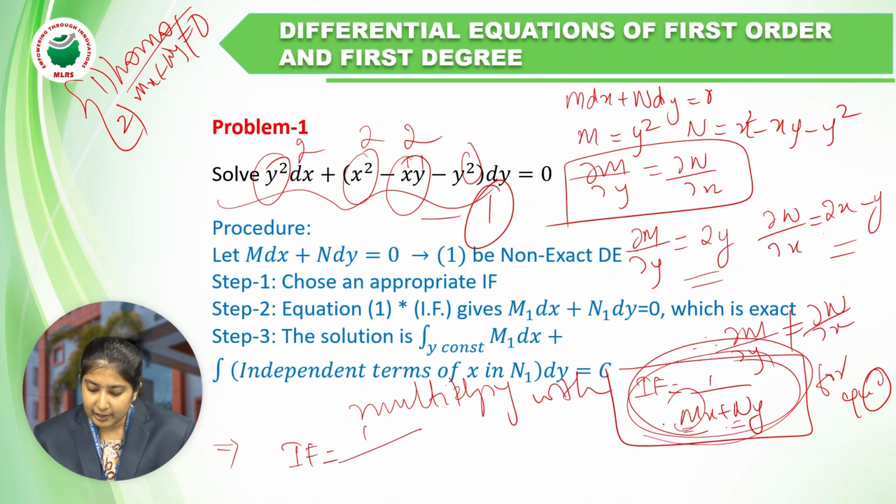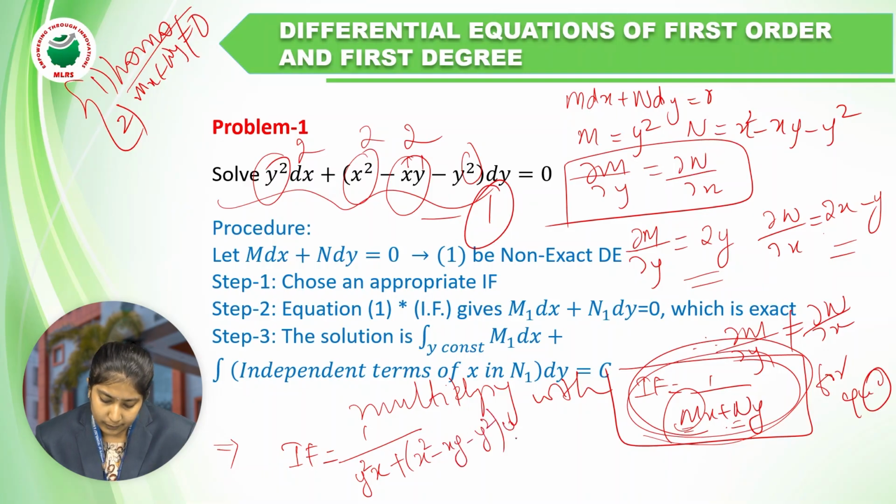So what is my m value here? y square. So y square into x plus the n value, which is x square minus xy minus y square, into y. This is my n value multiplied by y.